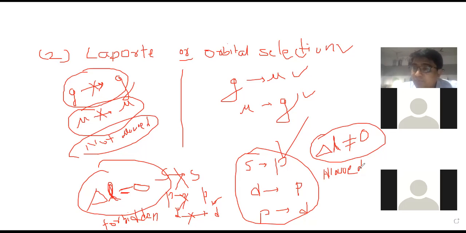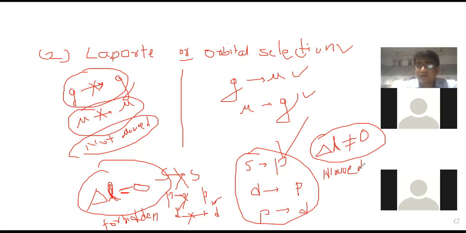Whereas if the value of epsilon is from 100 to 1000, it results in a medium intensity band. And if the value of epsilon is less than 100, it results in a very low intensity band. So the intensities of various bands are governed theoretically by certain selection rules.